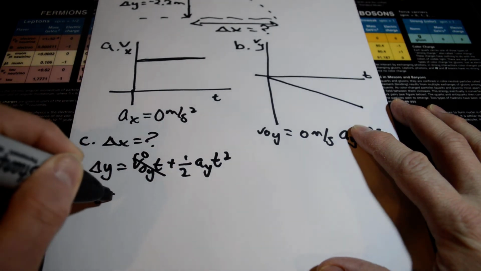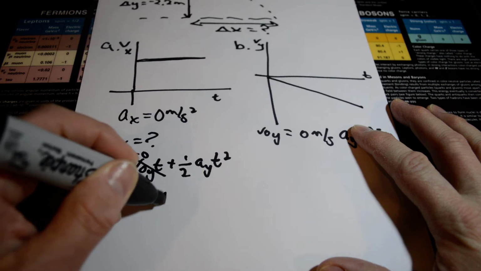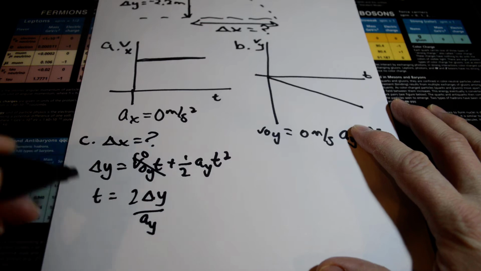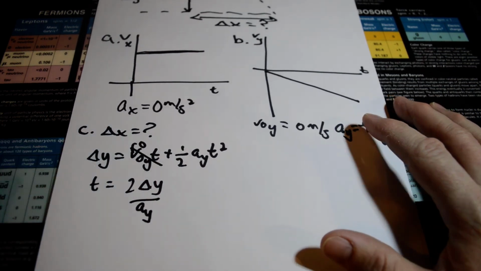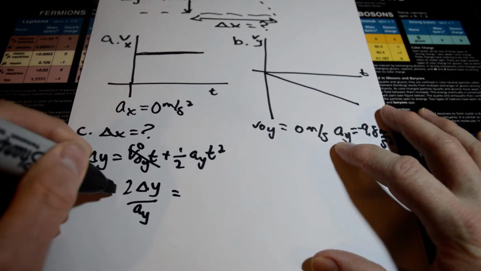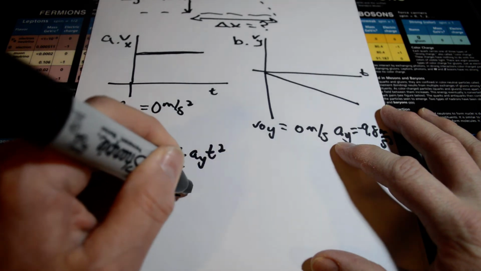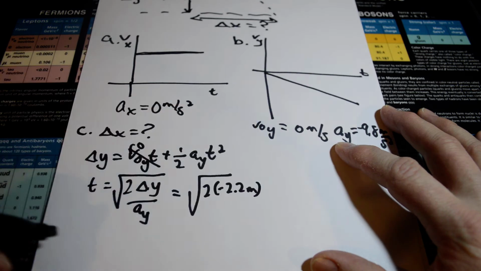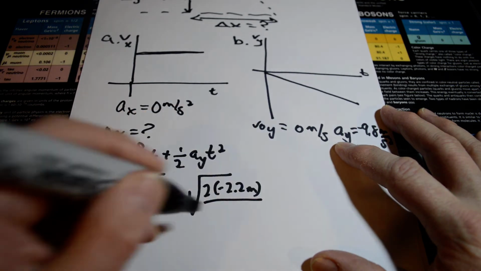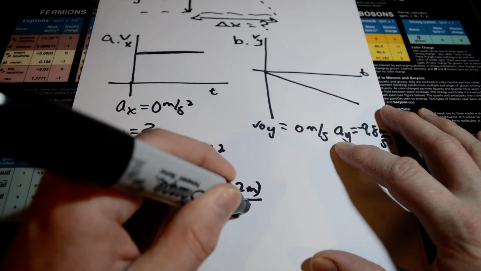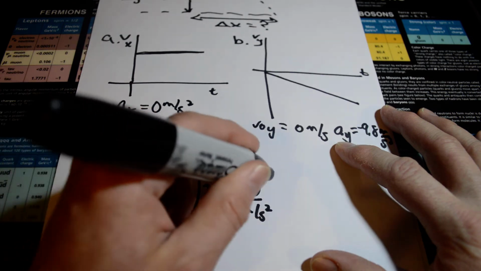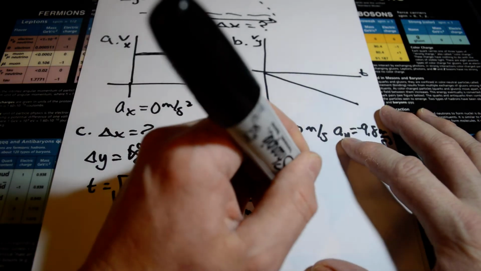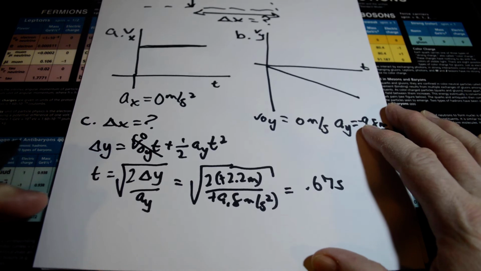If you want to find the time in the air, we would have to double the displacement, divide by the acceleration, and then take the square root, obviously. You have a negative displacement of 2.2, and then divide by a negative acceleration. When you did those problems back in the day, remember those negatives cancel. If you do that, you get a time in the air of 0.67 seconds.